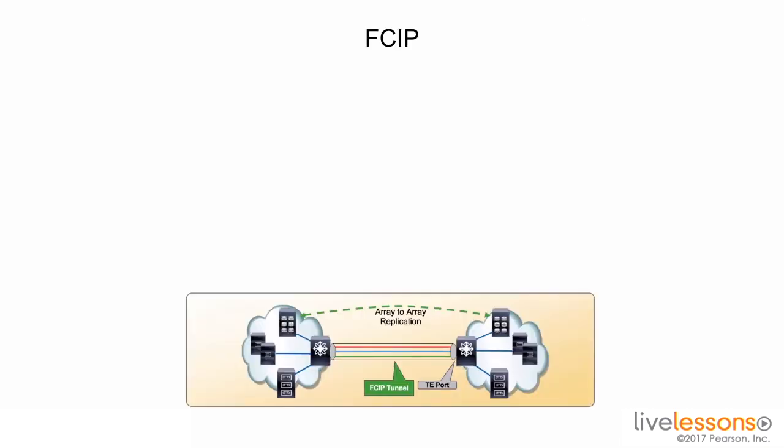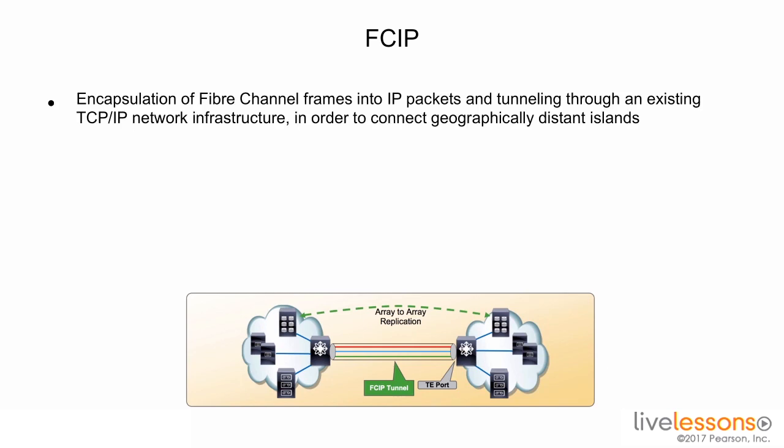Another way for switches to communicate with each other over long distances is fiber channel over IP. Fiber channel over IP is a way to encapsulate fiber channel frames into IP packets and tunnel them through an existing TCP/IP network.